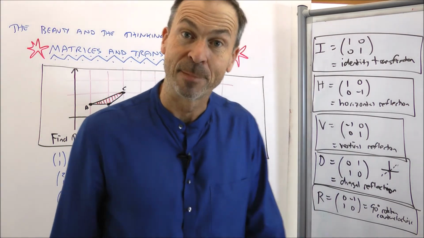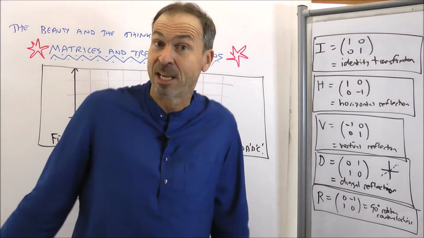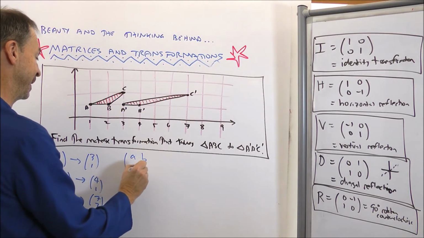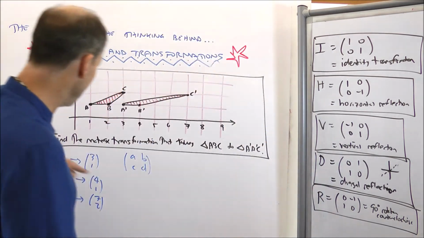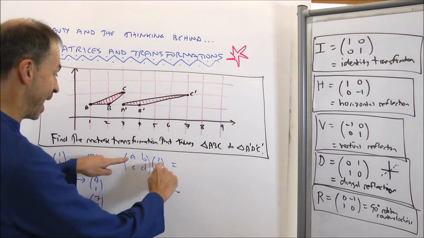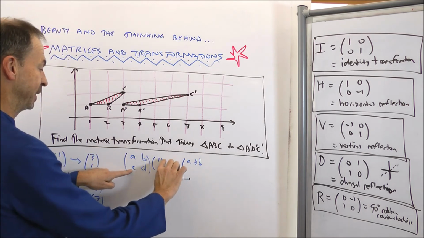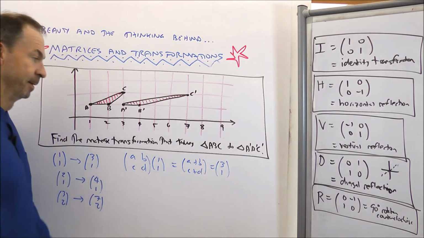Okay, I'm going to try it out. Here goes. I'm going to do tedious algebra, and it won't fail. It just might be tedious. General matrix a, b, c, d. I don't know what it's meant to be, four numbers, I'll do it. But I do know it has to take the point (1, 1) and get me (3, 1). So if I work it out, 1a, 1b, so it's a plus b, 1c, 1d, c plus d, and that's meant to be the point (3, 1).